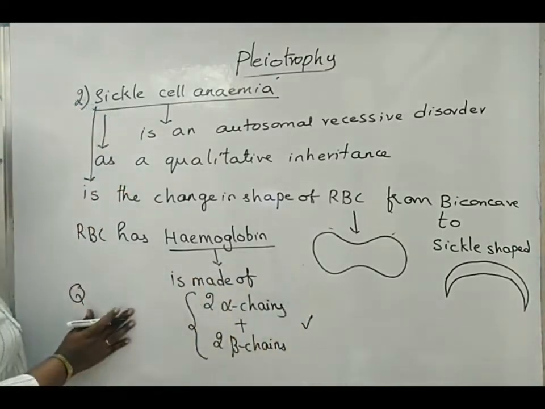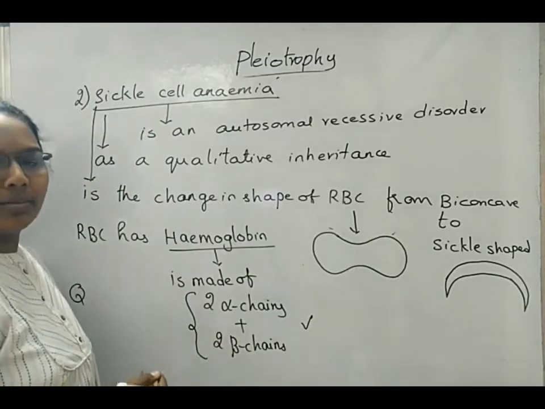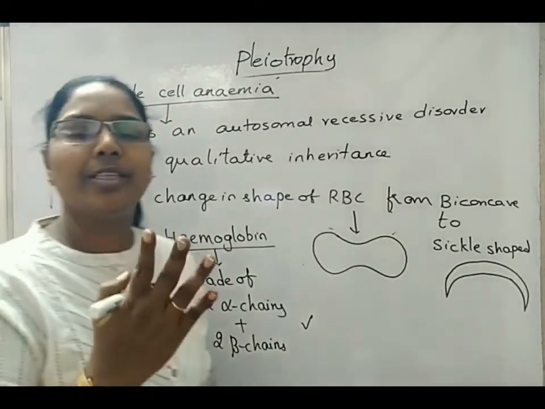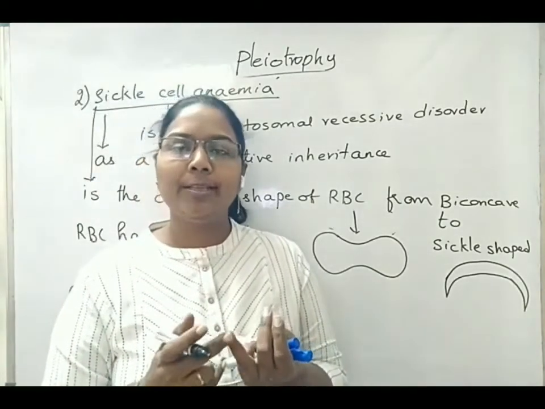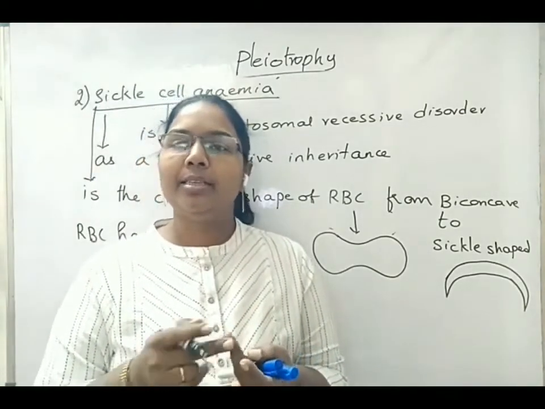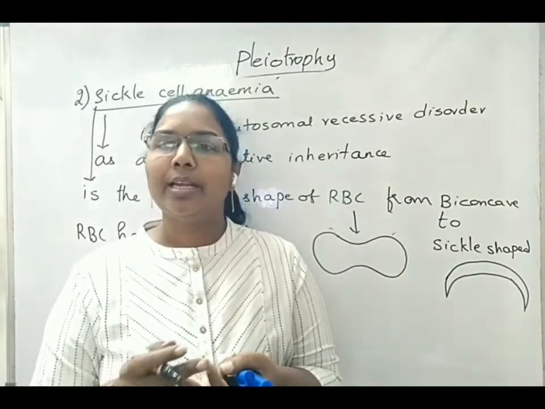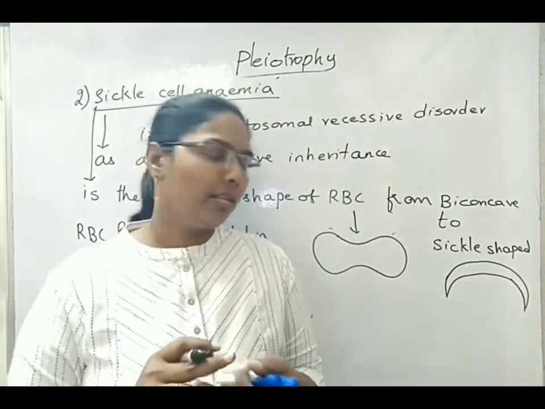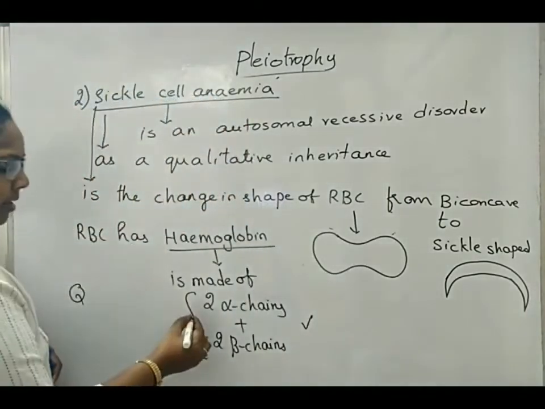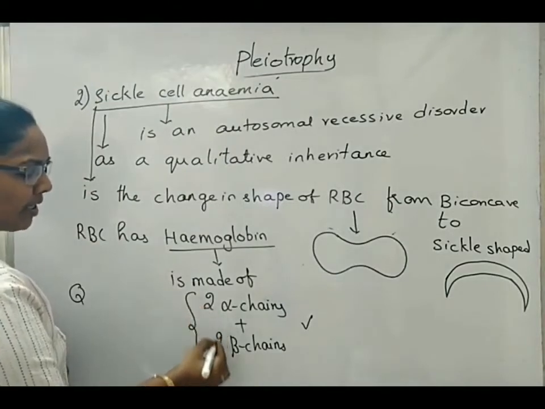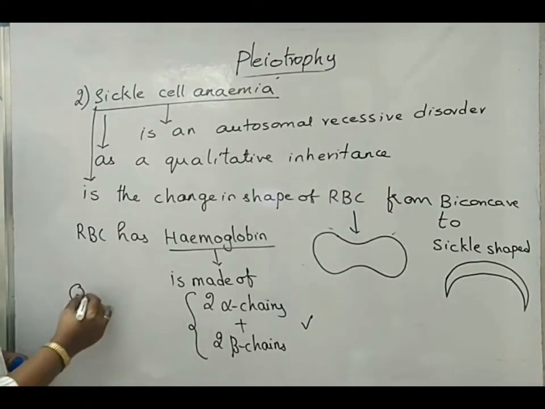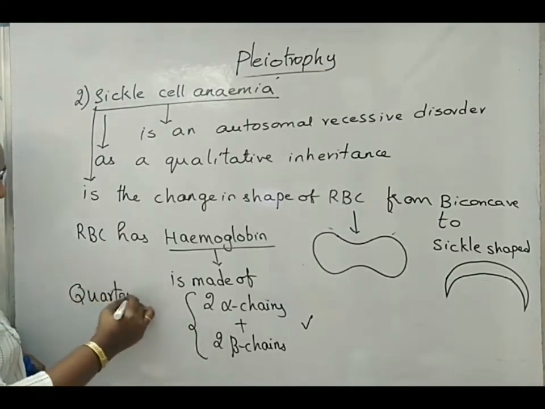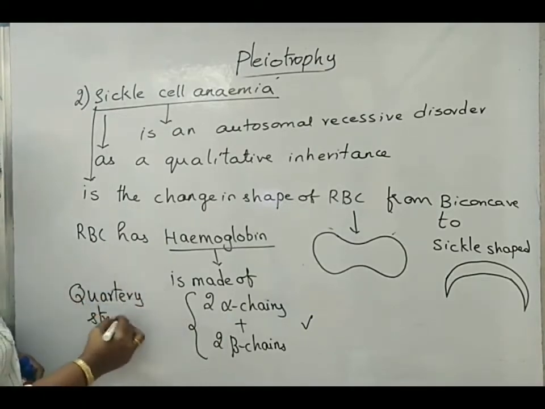When a protein is synthesized in the body, it goes through 4 different structures: primary structure, secondary structure, tertiary structure, and quaternary structure of the protein. Now, these 2 alpha chains and 2 beta chains are studied under the quaternary structure of the protein. This we read in the biomolecules chapter.